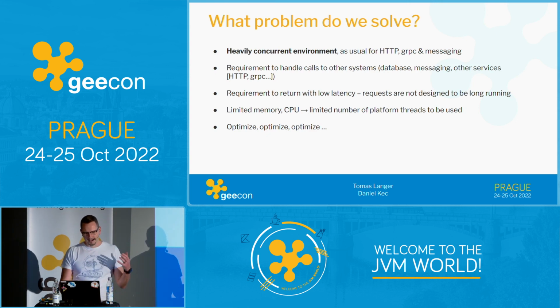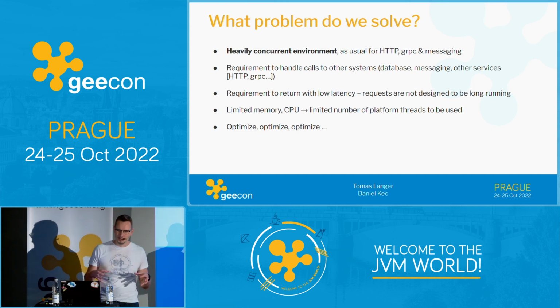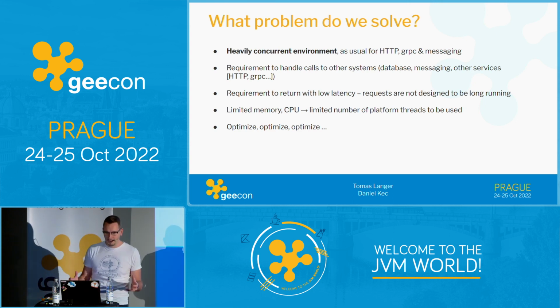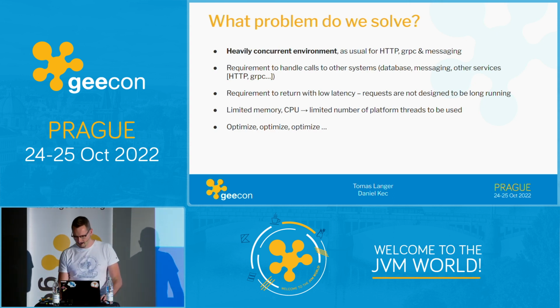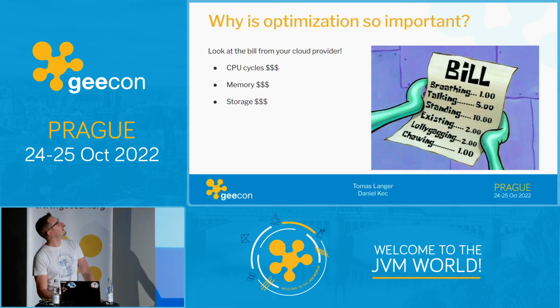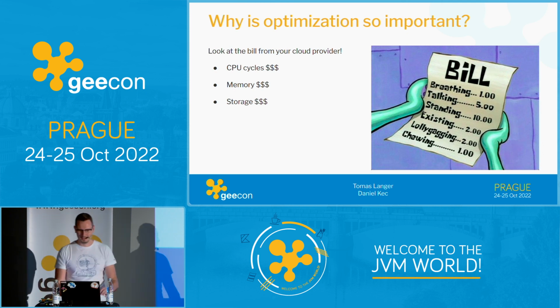We have to create it fast. We have to spend as little CPU as possible, as little memory as possible, as little of everything as possible. We just need to optimize and optimize and optimize, so you don't have to that much. Why? Well, it's a cloud age, right?